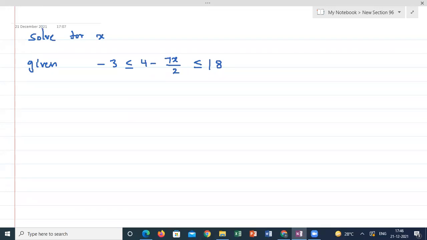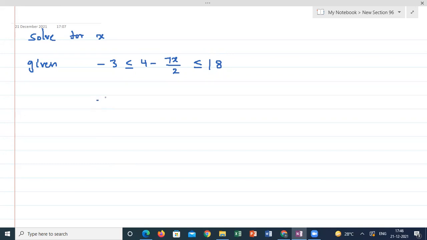Minus 2 to? No, sir, minus 4 to 2 closed interval on both the sides. Yeah, minus 4 closed interval to closed interval. Minus 4 closed interval, minus 2, sorry, plus 2 closed interval.